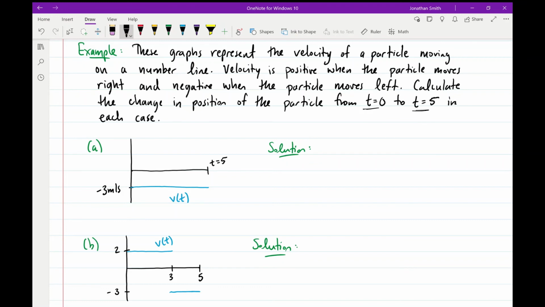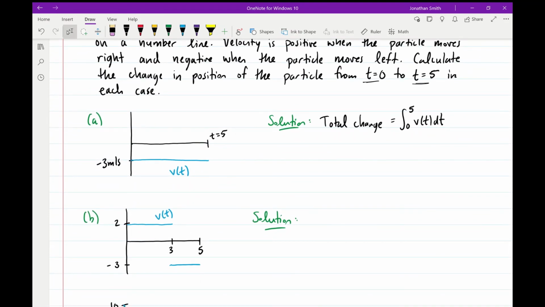So for the first one, the total change in position is going to be equal to the integral from 0 to 5 of v of t dt. And this is actually going to be the case for all three different velocity functions here. But in this case, the velocity function is just constant at -3 meters per second from 0 to 5. And this definite integral is going to give us the area between the velocity function and the x-axis, where it's negative this time because v of t is always negative.